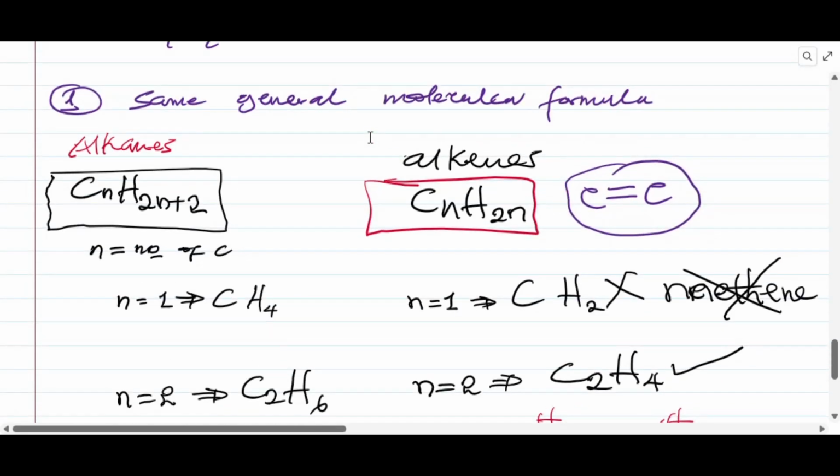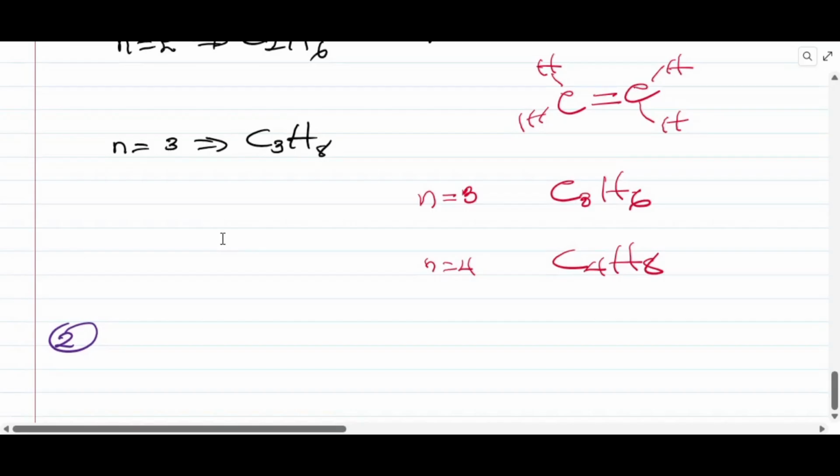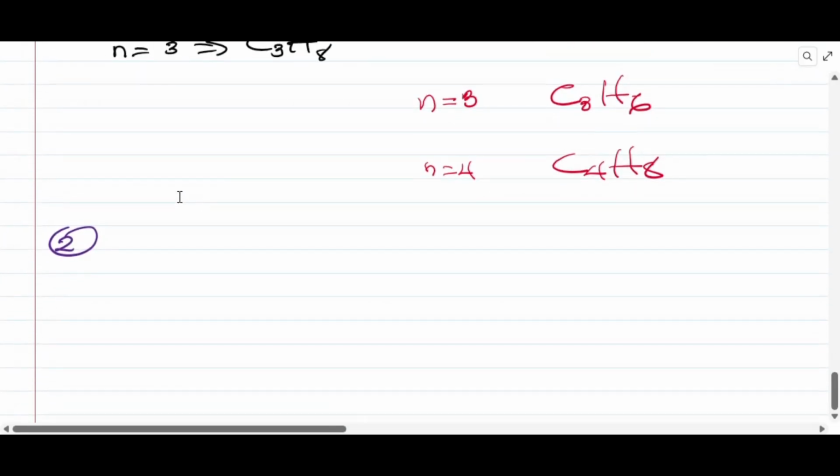Remember, we are talking about the properties of homologous series, or the characteristics of the homologous series. The first one, we said they have the same general molecular formula. The second one, in this case, is the chain length of the family. That is, the chain length within a family increases by a constant unit, CH2.